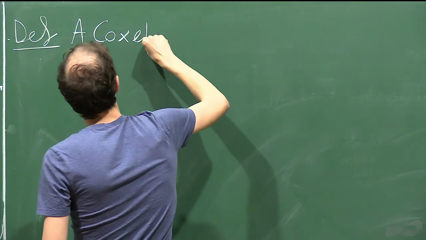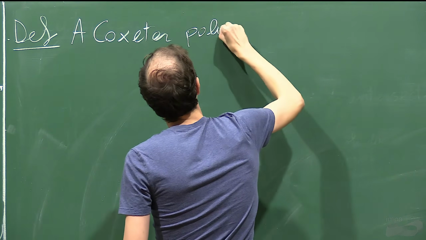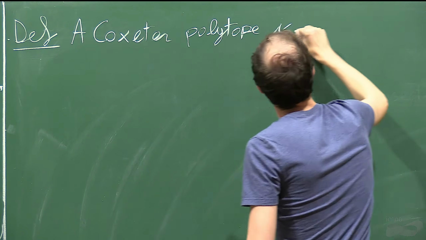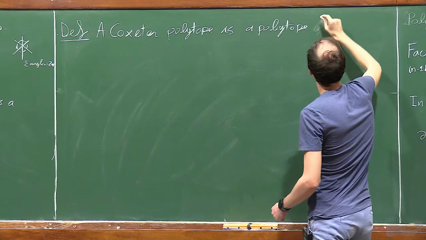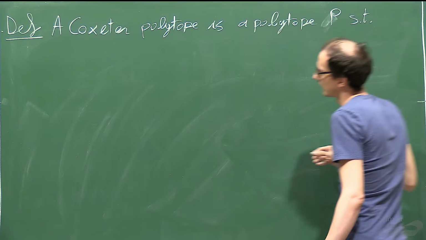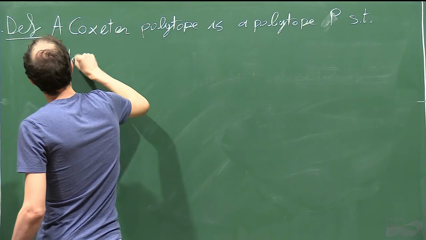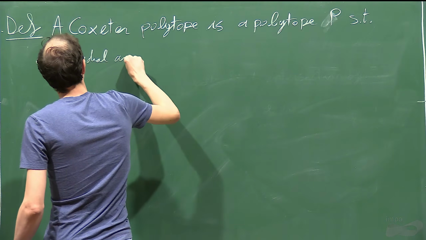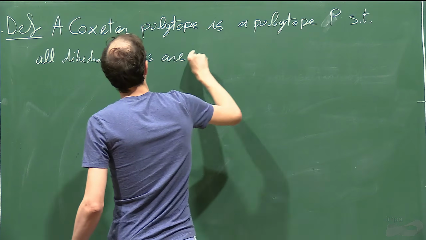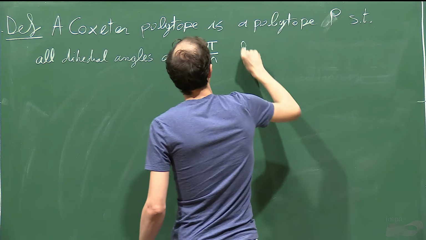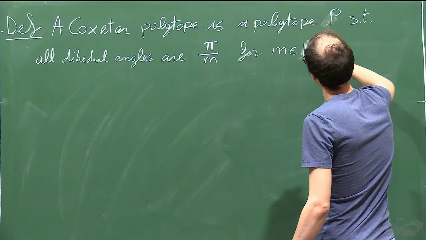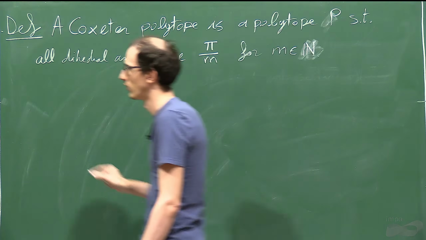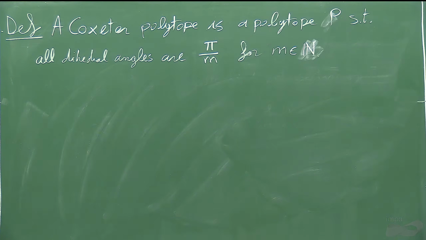A Coxeter polytope is a polytope P such that all dihedral angles are pi over an integer, possibly a different natural number for every angle, but I want all angles to be submultiples of pi.